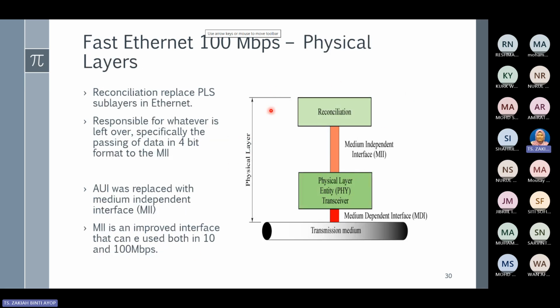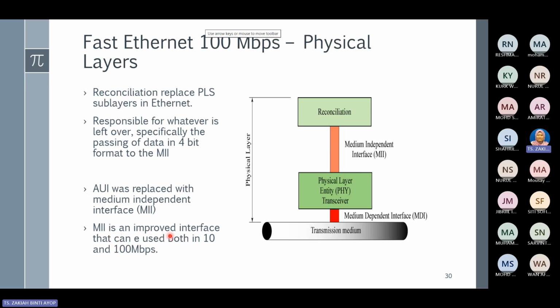Reconciliation replaces PLS on the 10 megabit per second Ethernet. The reconciliation sublayer is responsible for whatever is left over, specifically the passing of data in a 4-bit format to the MII, the medium independent interface. AUI was replaced with the medium independent interface.